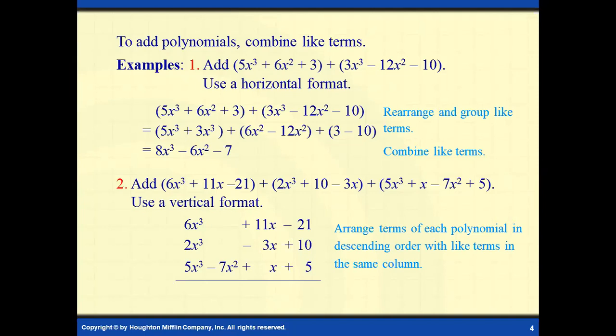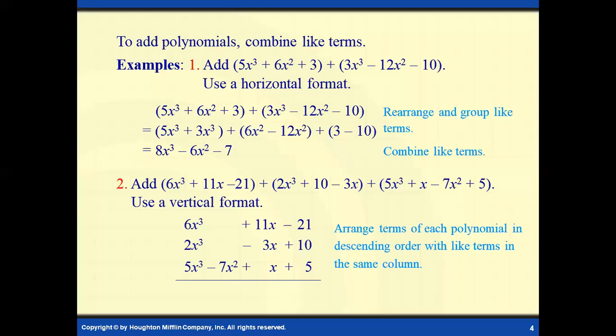Now we move to the one with x: plus 11x minus 3x plus x. That is all. And then we'll move to the constants. We have minus 21, then plus 5. That's all. I hope I'm not skipping anything this time around. Minus 21 plus 5 and then plus this 10. So 6x cubed plus 2x cubed is 8x cubed.